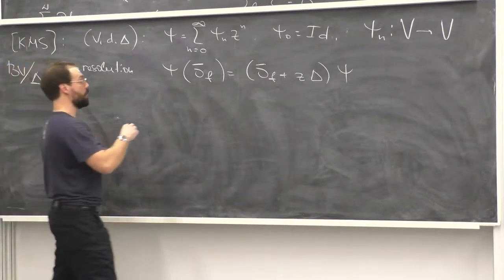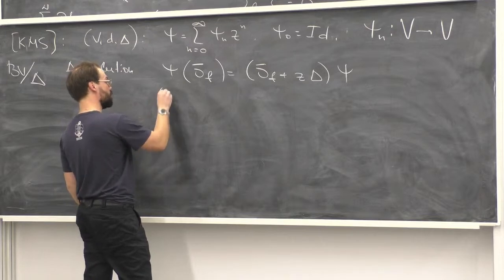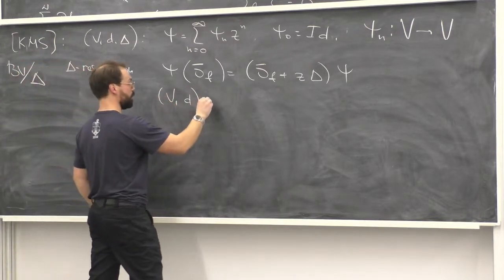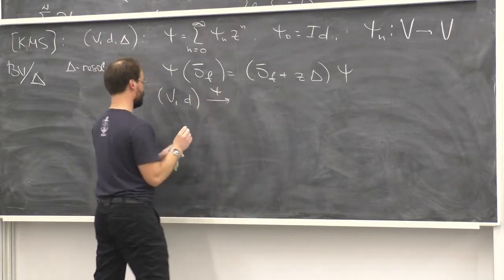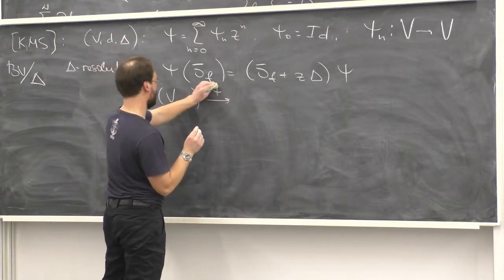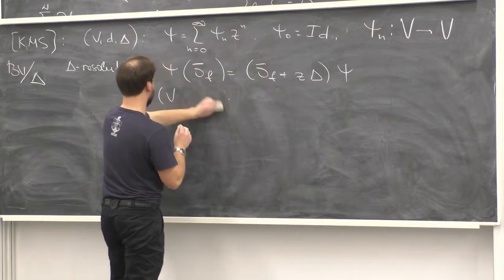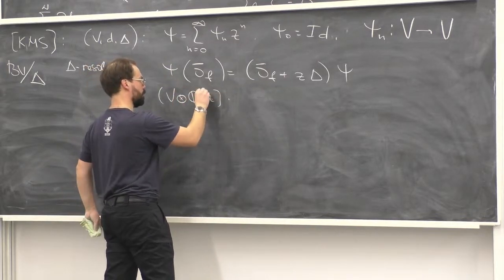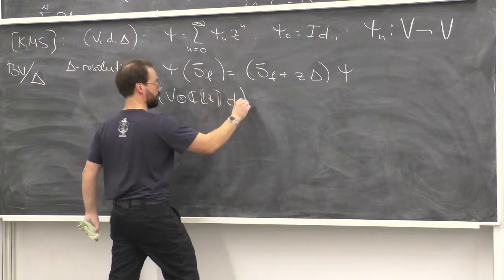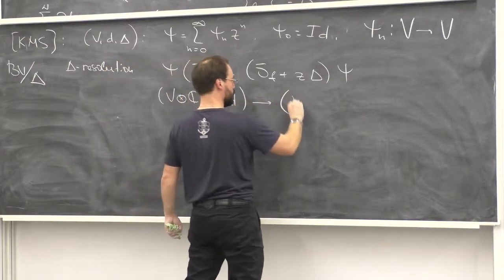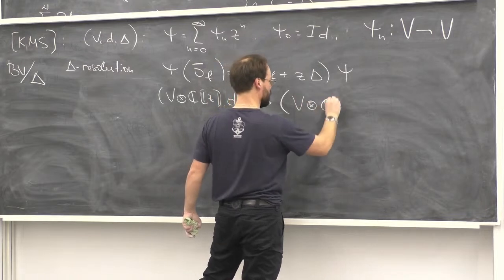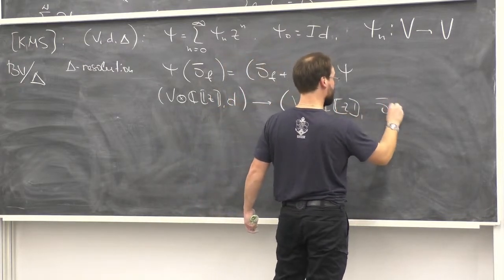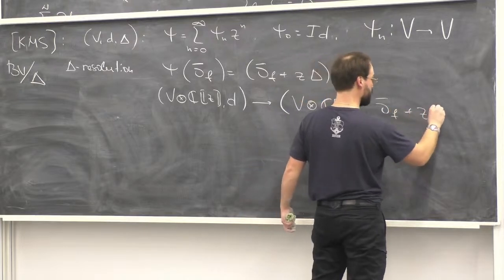It should be assumed now as a map from the complex V, comma D, with a new differential, d bar f plus z delta.